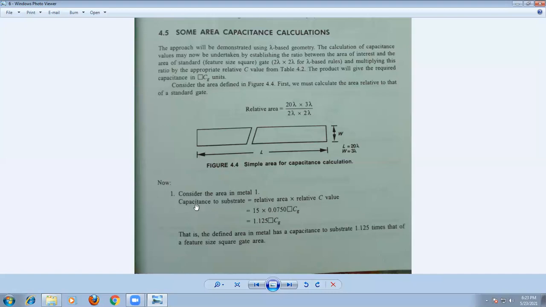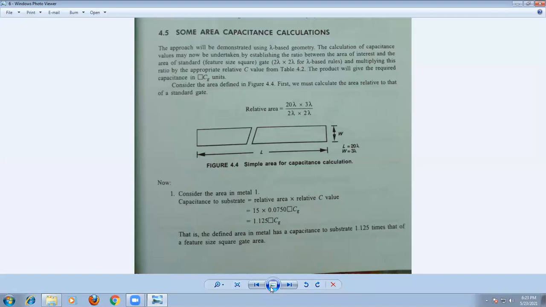Whatever the value here, the capacitance to substrate is nothing but relative area into the relative C value from the table for the poly. That is the relative value of the capacitance. Relative area is common for all the layers. For this structure, the relative area is common, this 15.